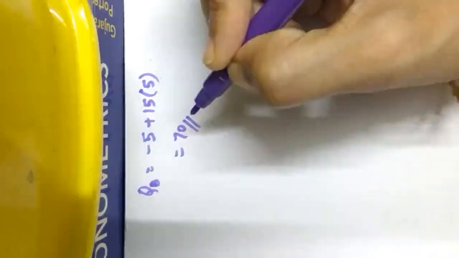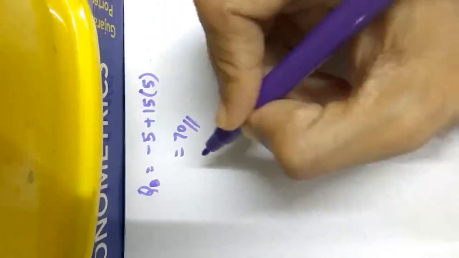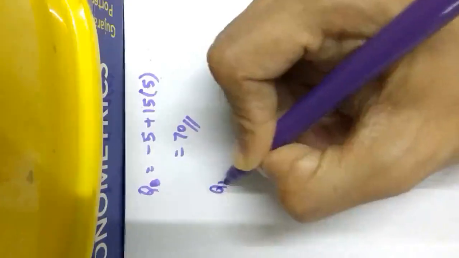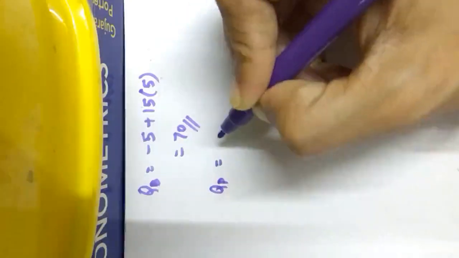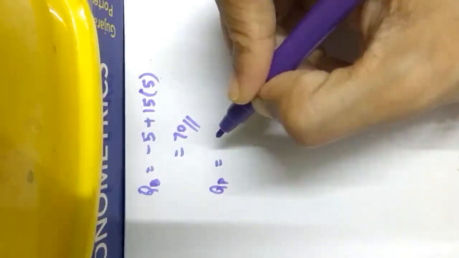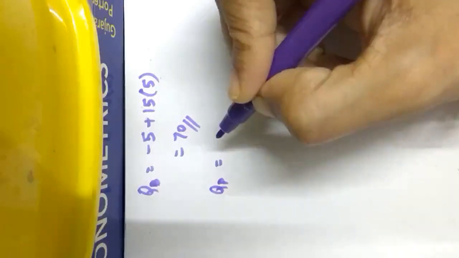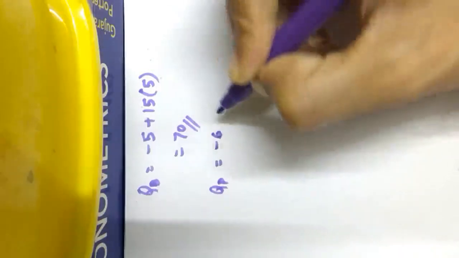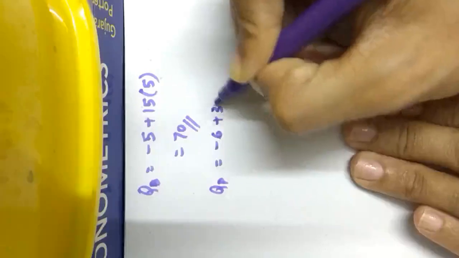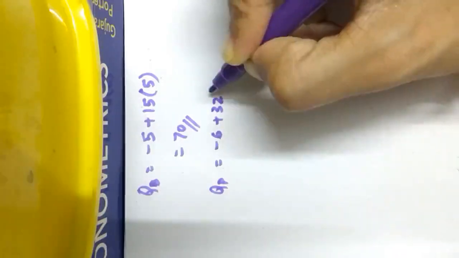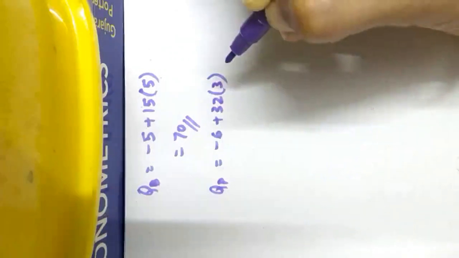So that is equal to 70. And to find quantity of pork sold at equilibrium, again I'm taking the supply equation for pork, which was minus 6 plus 32 times price of pork, which is 3, which is equal to 90.